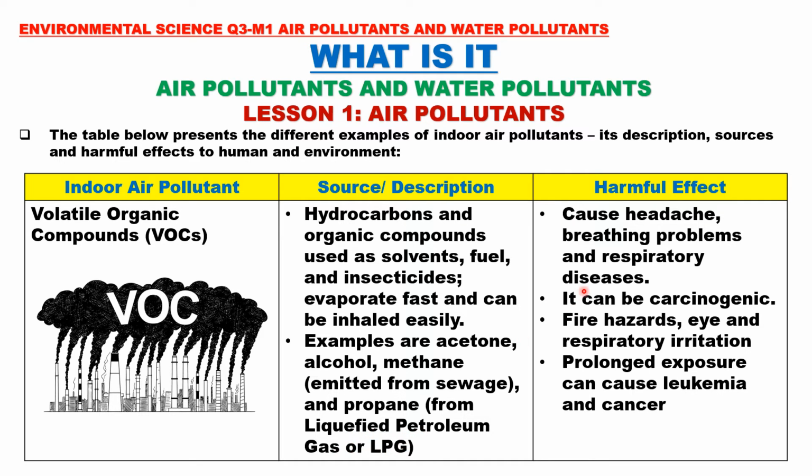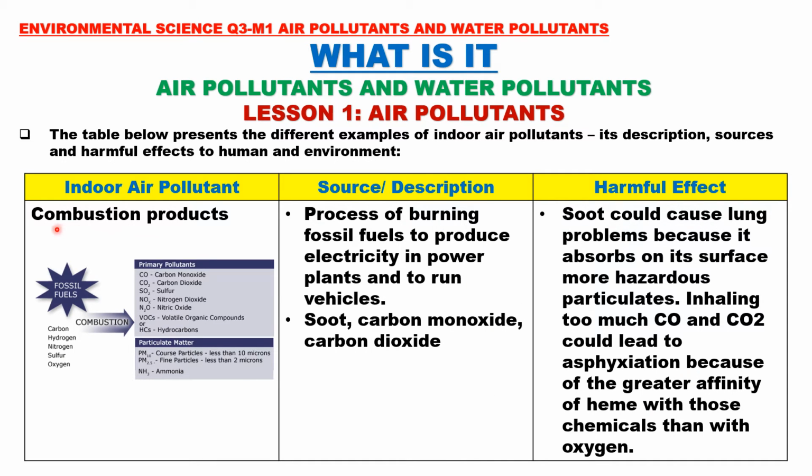Harmful effects of VOCs: they can cause headache, breathing problems, and respiratory diseases. They can also be carcinogenic or cancer causing. Fire hazard, eye and respiratory irritation, and prolonged exposure can cause leukemia and cancer. So VOCs are very dangerous.